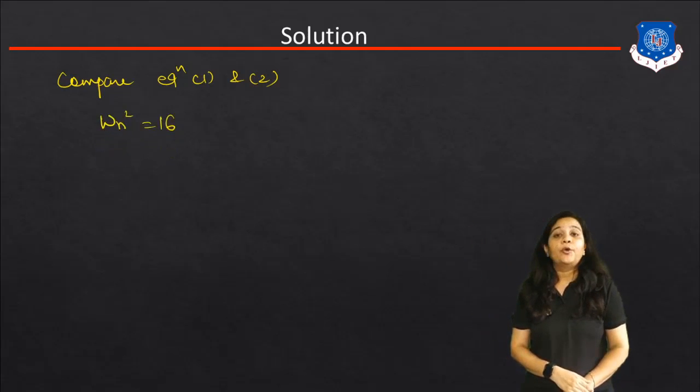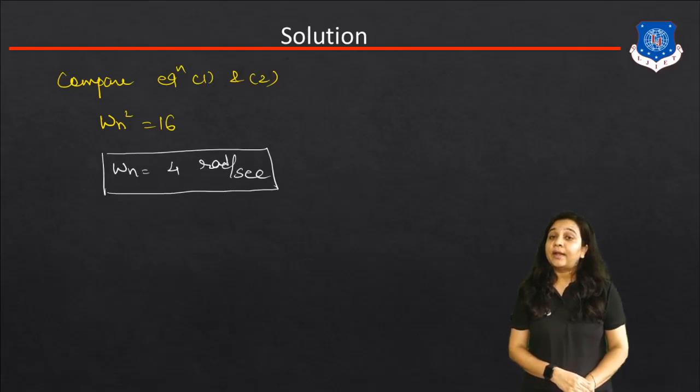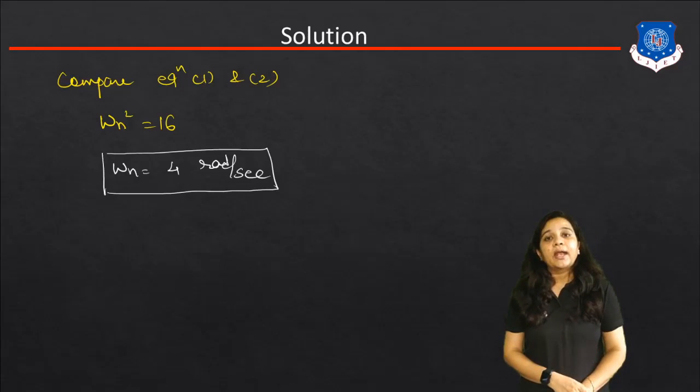Comparing equation number 1 and 2, we get omega n square equal to 16. So omega n is equal to the square root of 16, which is 4, and the unit of omega n is radian per second.